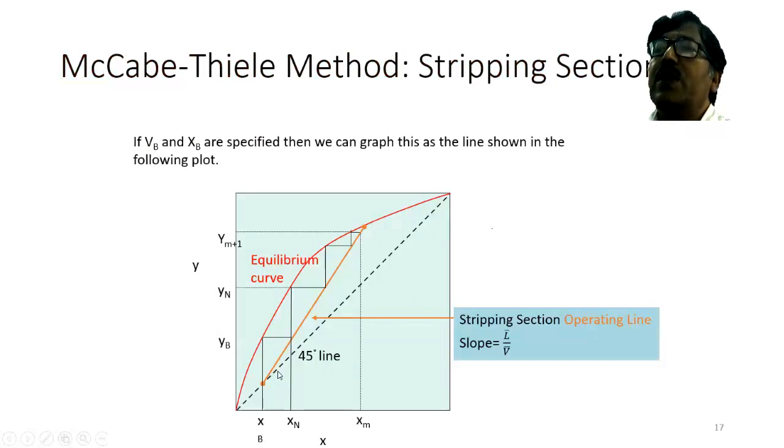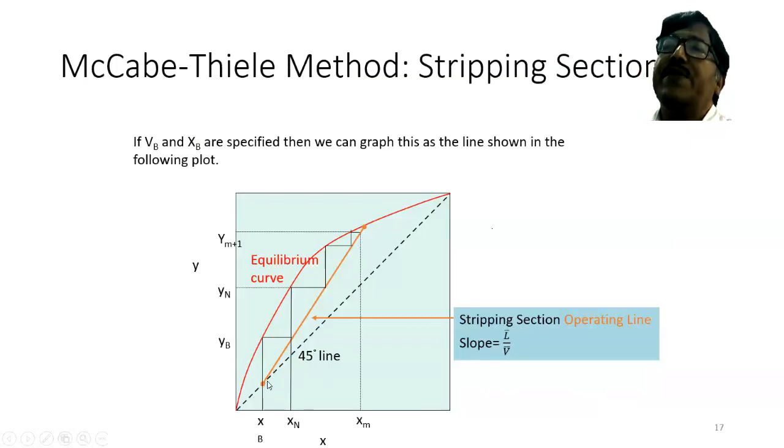So if we mark that XB point on the diagonal line, and if we can determine the slope, then we can draw the operating line for the stripping section.